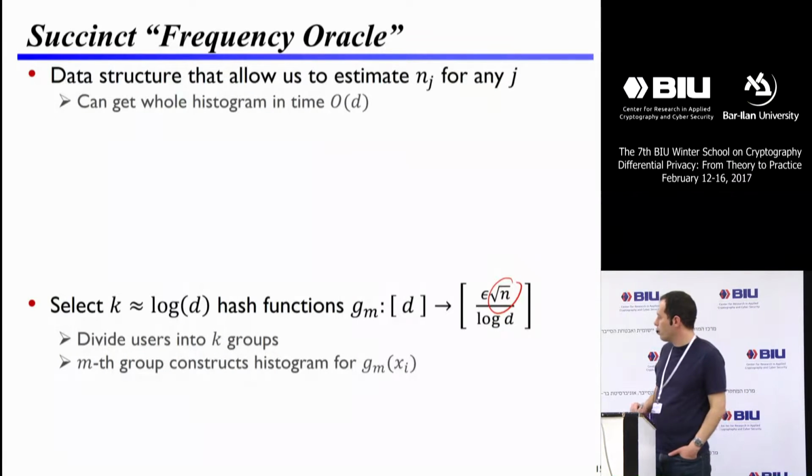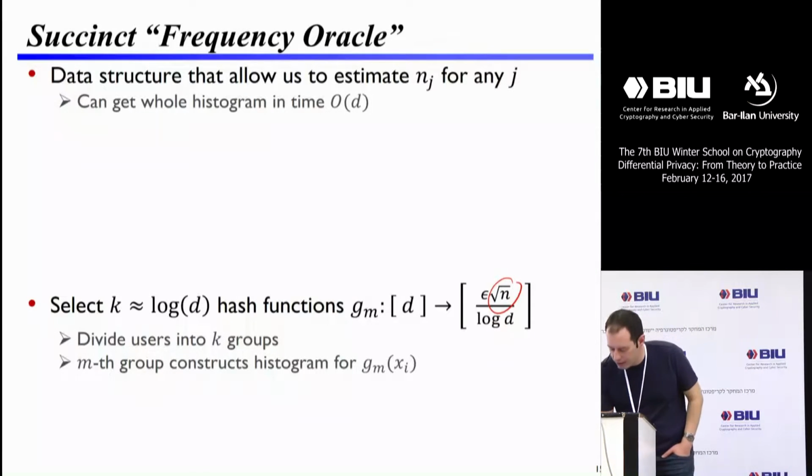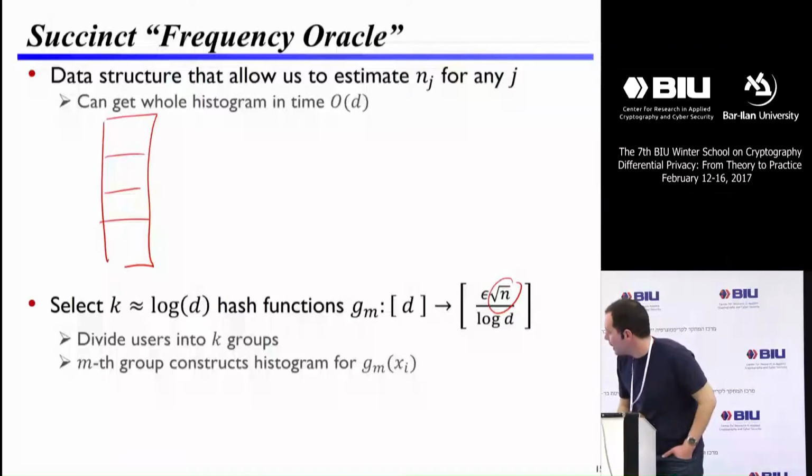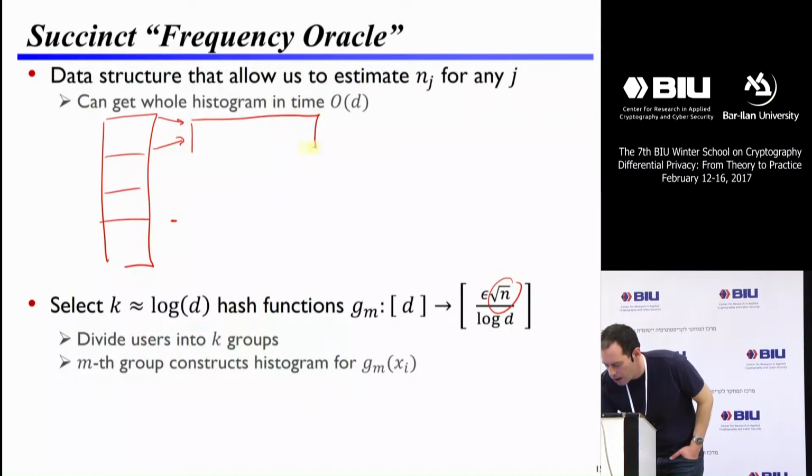Then we're going to divide our users randomly into k groups. And we're going to ask each group to help construct a histogram for the hash of their value.